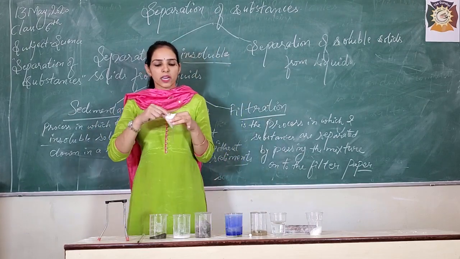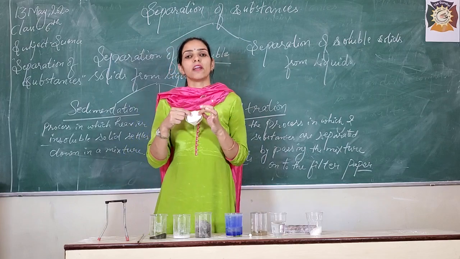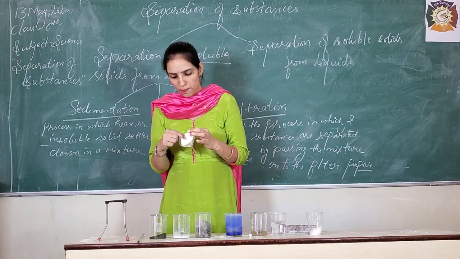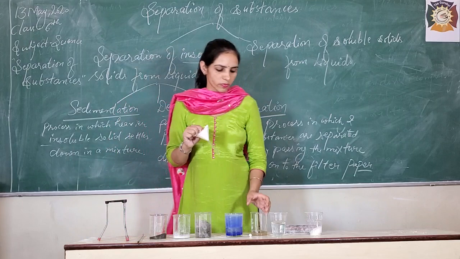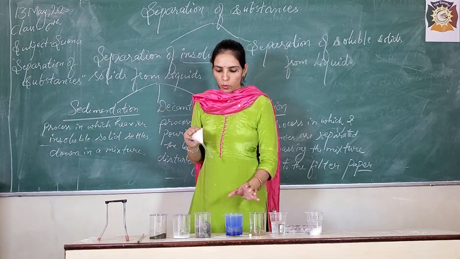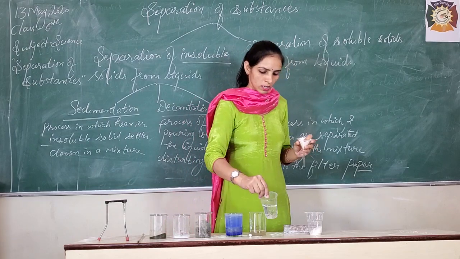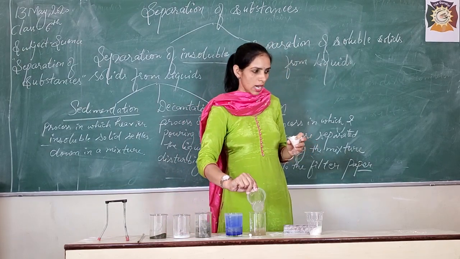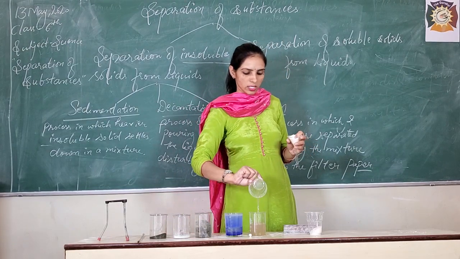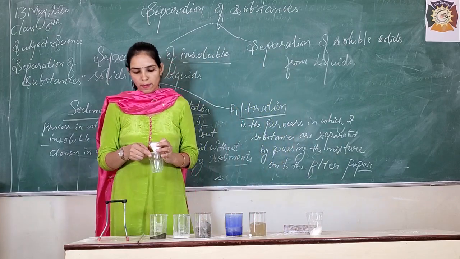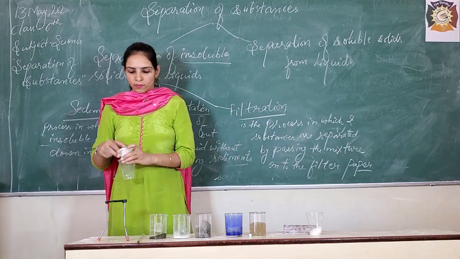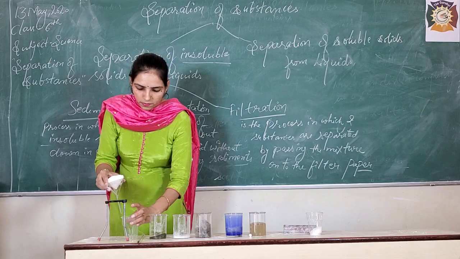So above this funnel I have kept the filter paper, and below the filter paper I'll keep an empty beaker or some glass under it. I'm just keeping it here.